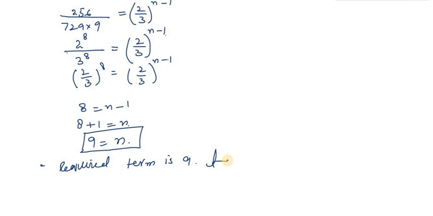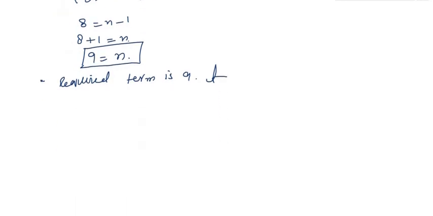And in question number 5, if in a geometric progression the fifth term is 9 times the third term and its second term is 6, find the geometric progression. Question number 5.